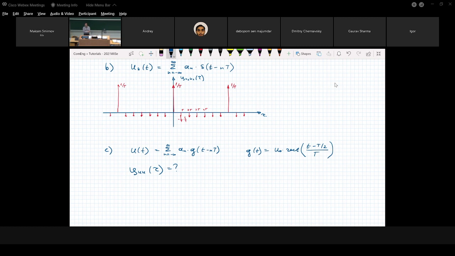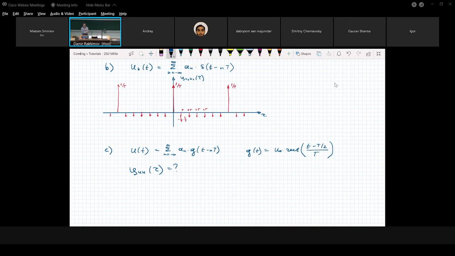If you say multiplication, then just look at the original expression, because g of t is already there. You don't need to multiply anything.